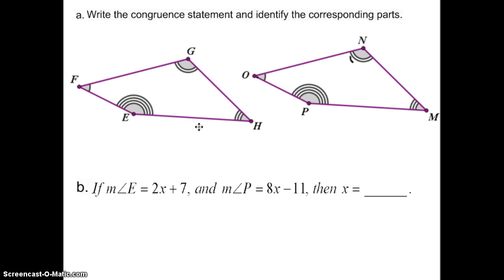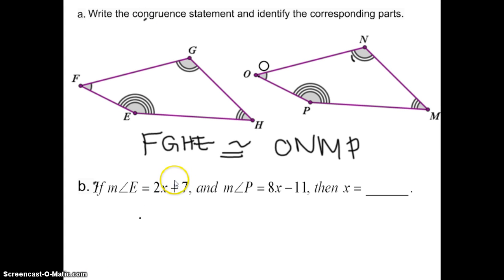The way that we would write our congruent statement would be FGHE is congruent to ONMP. Let me rewrite this real quick. Notice that when we wrote this, angle F came first.